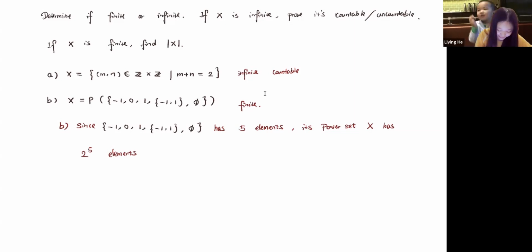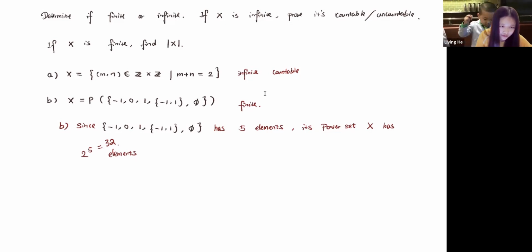You should write it as equals 32, but if you don't know that 2 to the power of 5 is 32, then don't put 32 down. Usually each mistake will minus 0.5, so you don't want to make any unnecessarily stupid mistake.